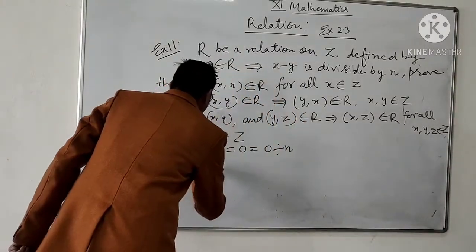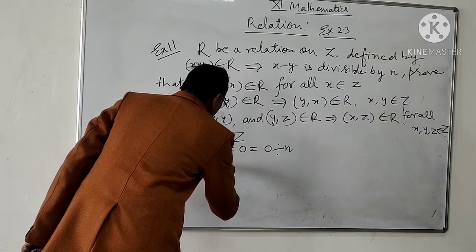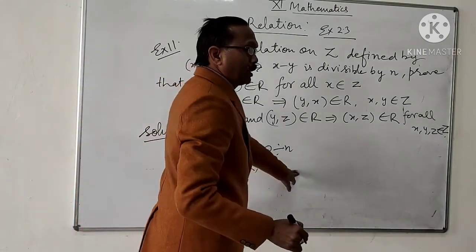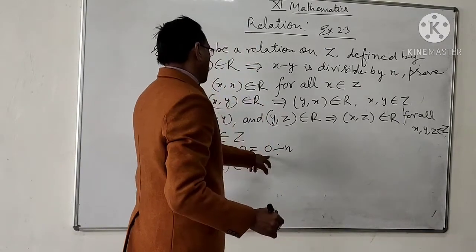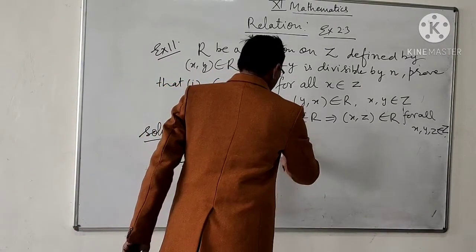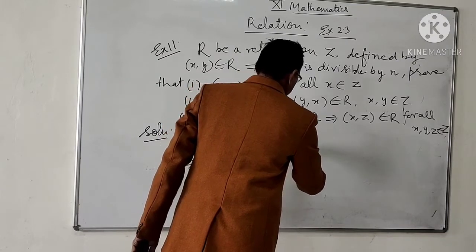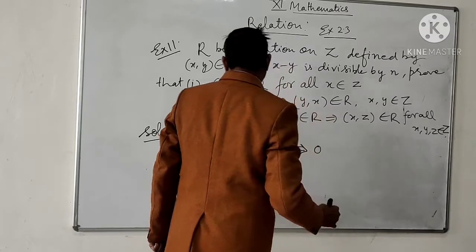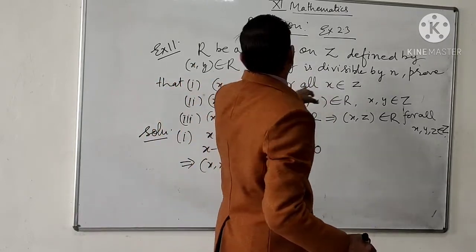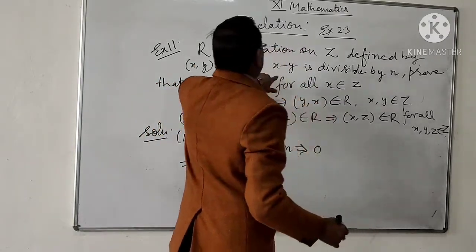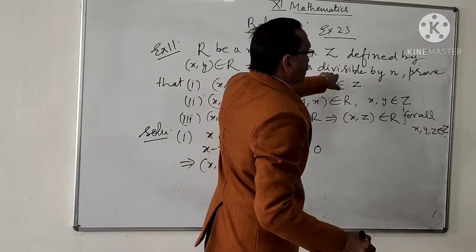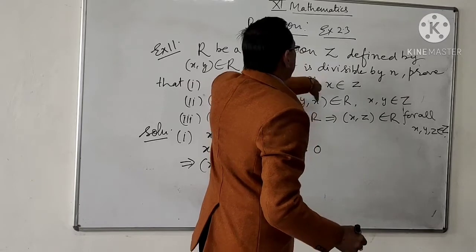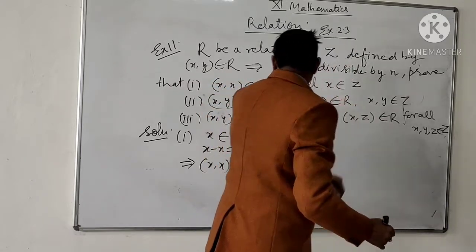So this implies that (x, x) belongs to R, because the statement is true here and this is the proof. 0 can be written as 0 into n, and this is true here: x minus x is 0, which is divisible by n.